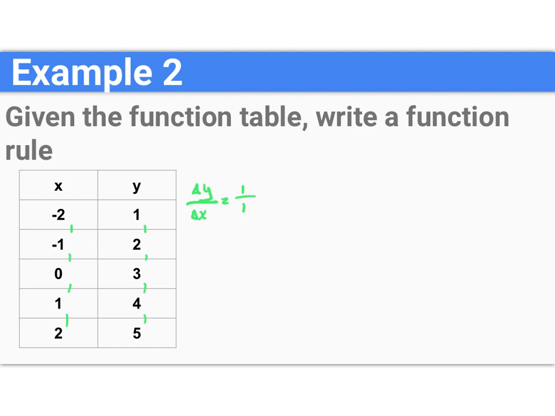So if we were to write a function, the rate of change multiplies to the x. And remember, in a function, whatever your variable is, so f of x, will be what your rate multiplies to.